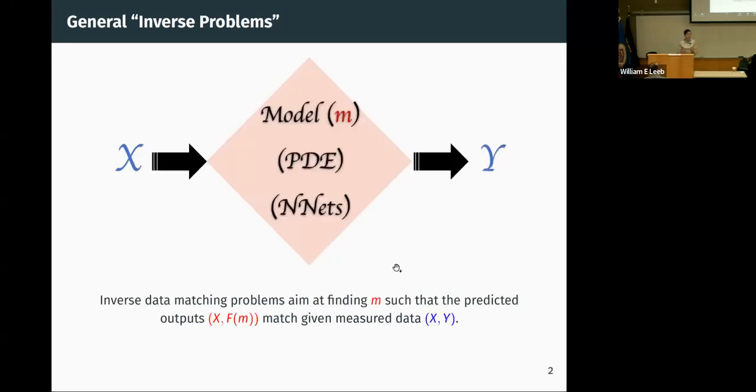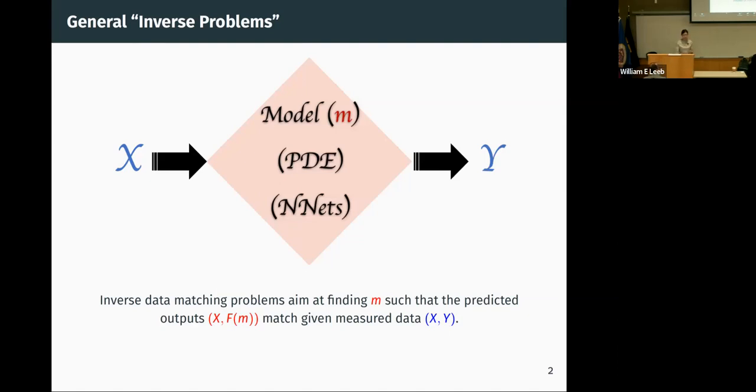The data are usually in pairs. In supervised learning, you know the cat image and you know the label is cat. You have a ton of those, which I denote as XY pairs. But what you want to know is the coefficients in the neural network, and that is exactly the training part of machine learning algorithms.